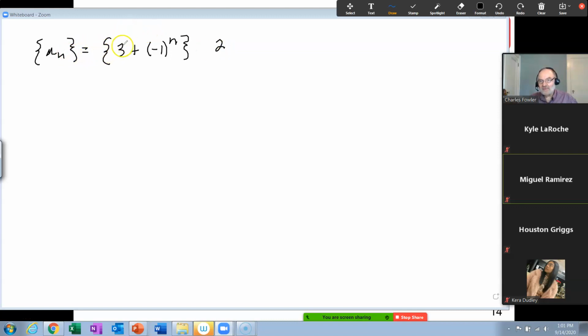And then 3 plus negative 1 squared, that would be 1. 3 plus 1 is 4. And then 3 plus negative 1 to the third power, well, that'll be negative 1, so that goes back to being 2 again. And then the next one's going to be 4, the next one's going to be 2, the next one's going to be 4, the next one's going to be 2.